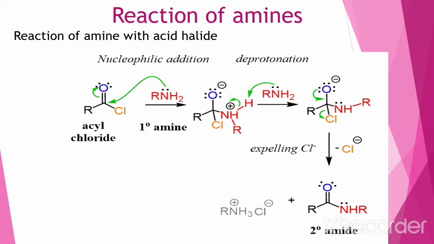The next step is the expelling of the chloride ion. The chloride ion will leave with the electrons from the carbon atom, and due to the loss of the carbon's electrons, the oxygen will donate one pair of electrons and form a bond with the carbon atom, and there will be a formation of a pi bond.